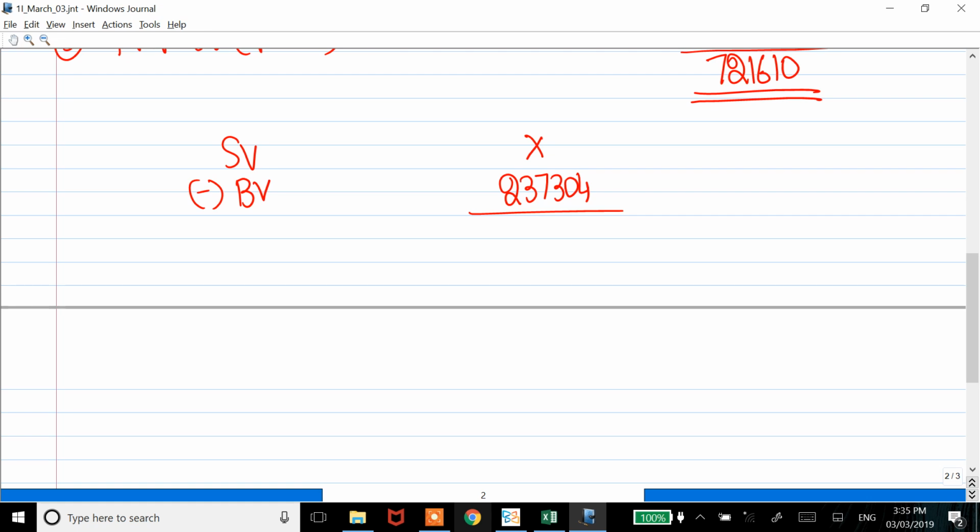I'm also not sure whether it's going to be a capital gain or a capital loss, so I'll call it capital gain itself. If it turns out to be a negative amount, it will automatically become a capital loss. Capital gain is X minus 237,304.